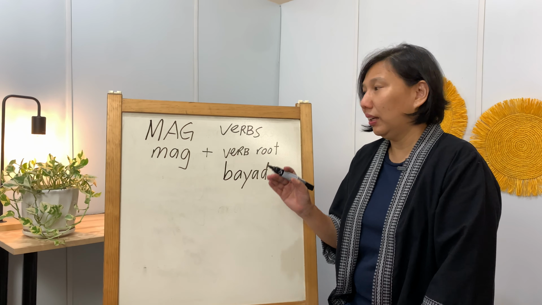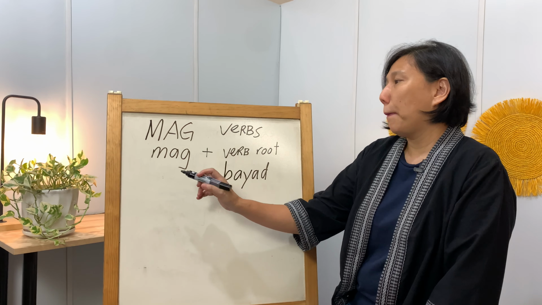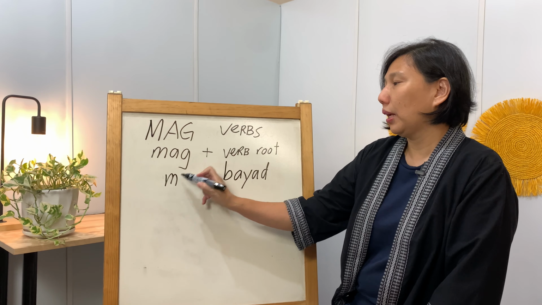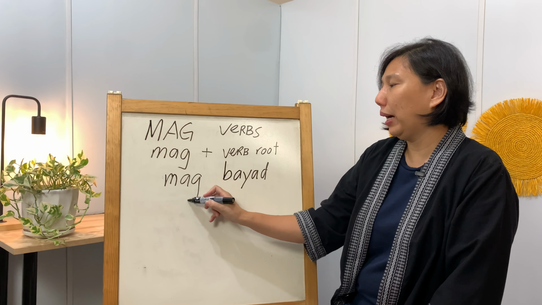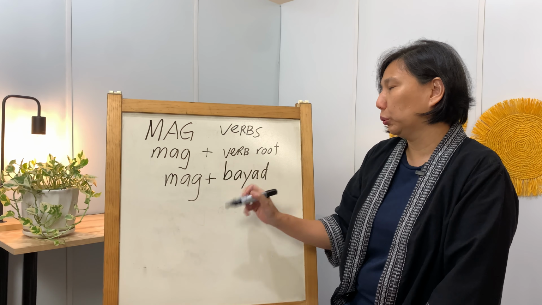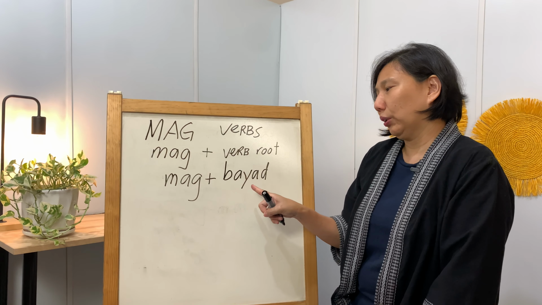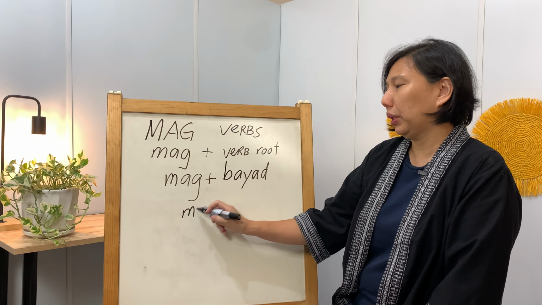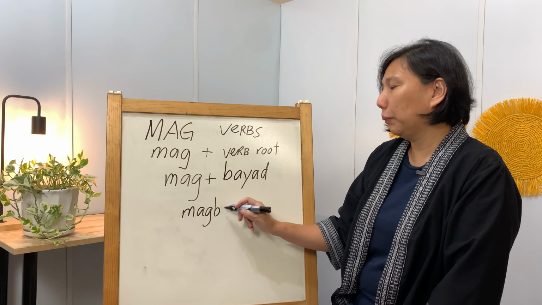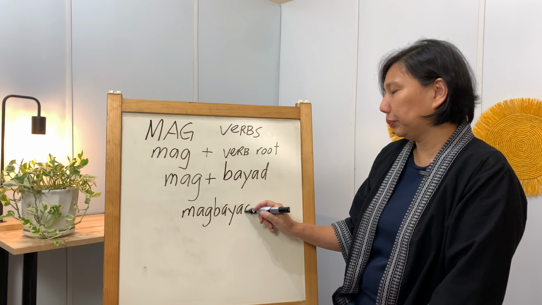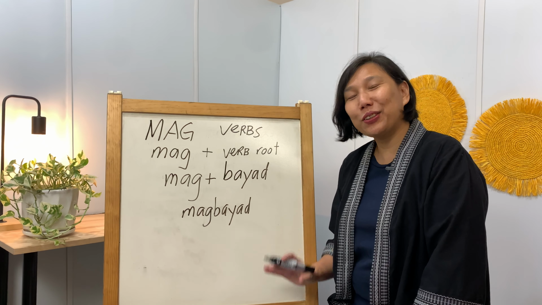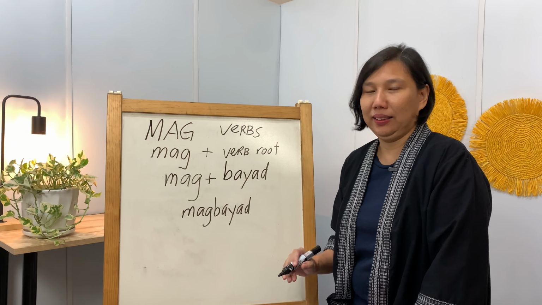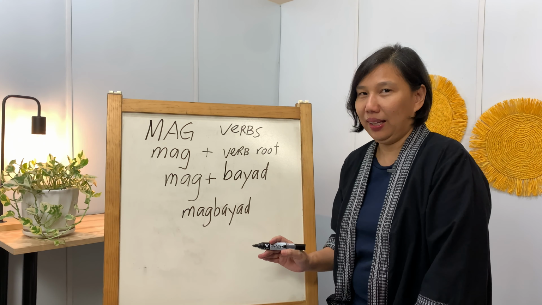Again, let's form the infinitive by making mag a prefix, and we add it to the verb root. So the infinitive becomes magbayad. Can you pronounce it for me? Magbayad. To pay.